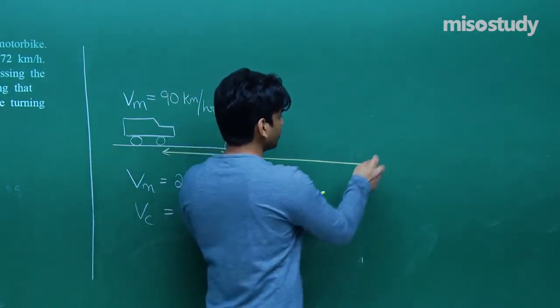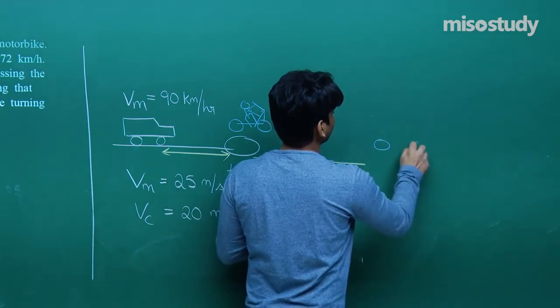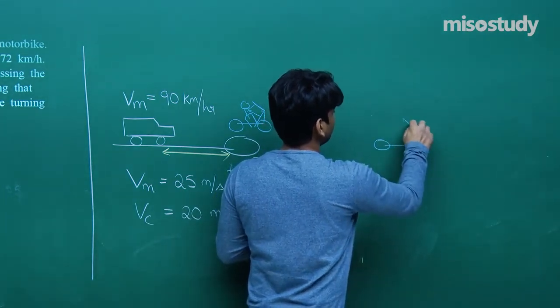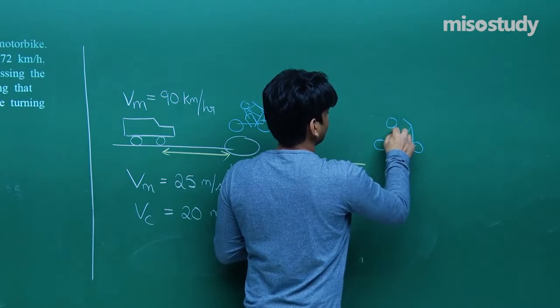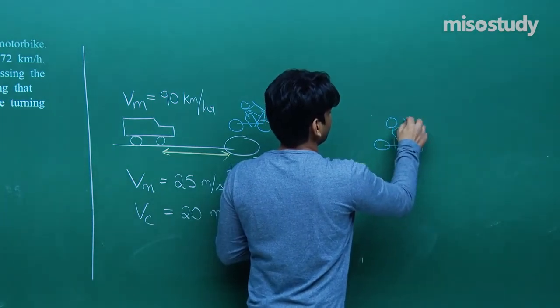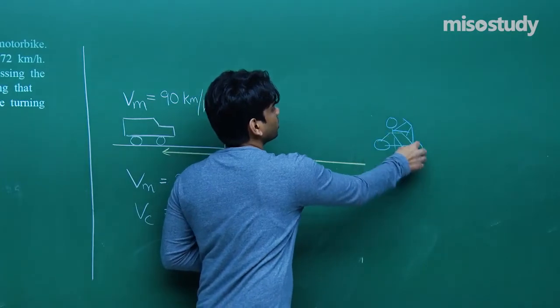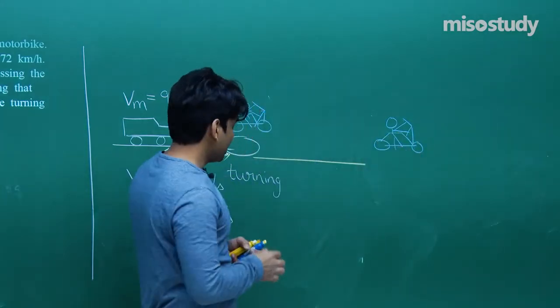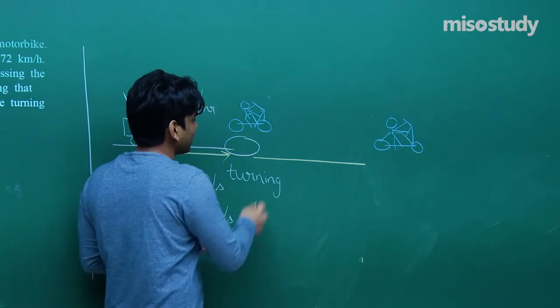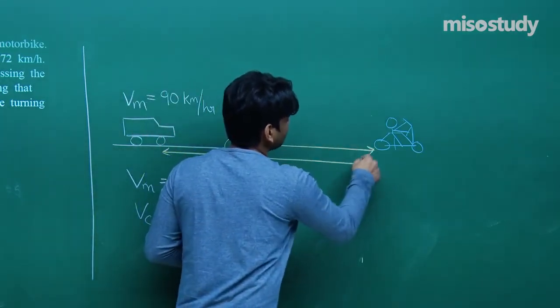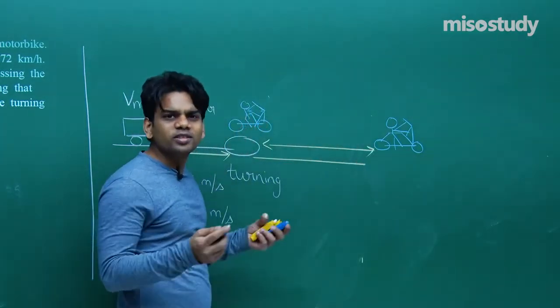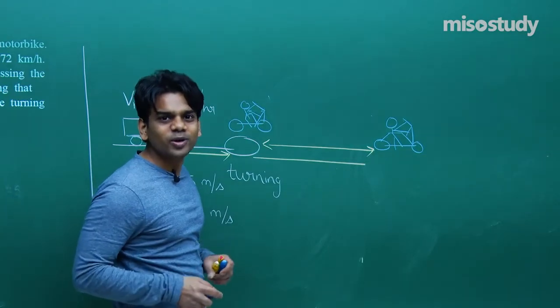In the next 10 seconds, he would have moved somewhat here. So how much distance would this man have traveled? This would be the speed of the thief into 10. This much he would have traversed.